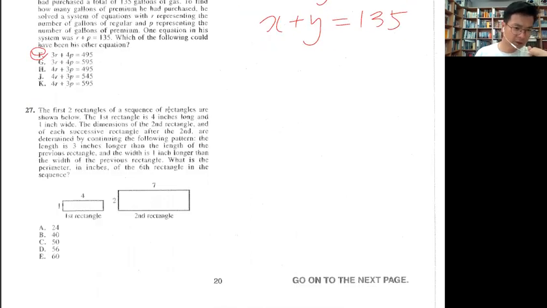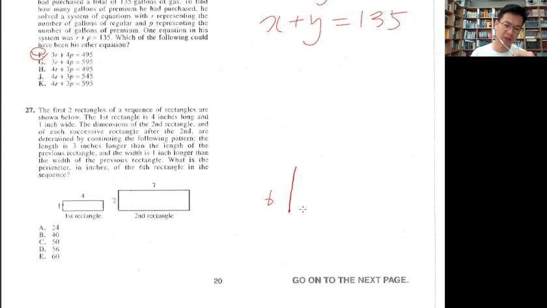First rectangle, this. Okay. One too longer. What is the perimeter of the 6th rectangle, square? The sixth one is 1, 2, 3, 4, 5, 6, right?